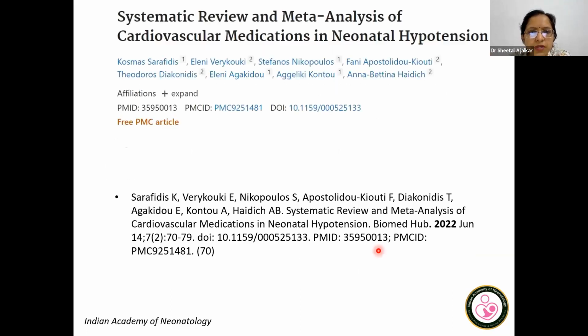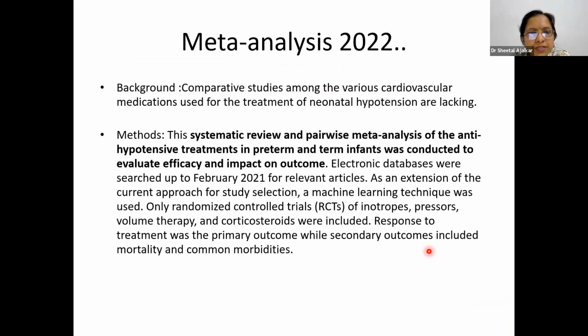This is one of the latest PubMed articles, from June 2022: a systematic review and meta-analysis of CVS medications in neonatal hypotension. It was a systematic review and pairwise meta-analysis of the treatments in preterm as well as term babies to evaluate the efficacy and impact on outcomes.